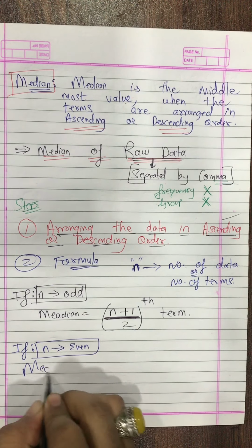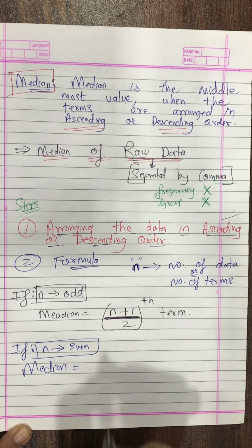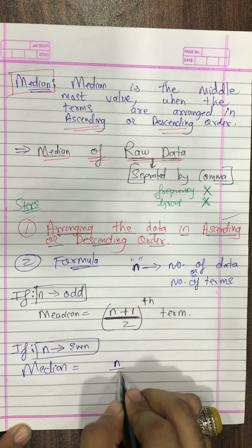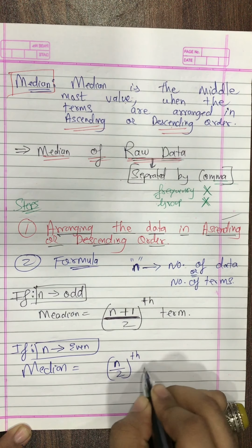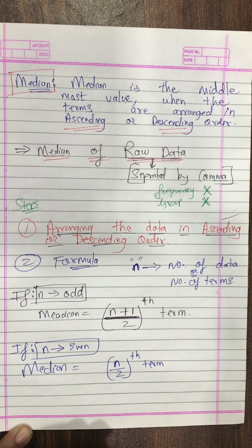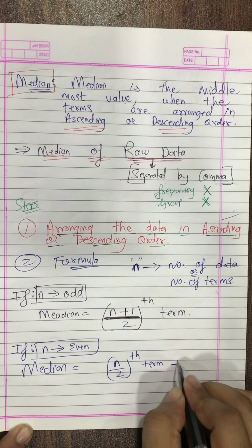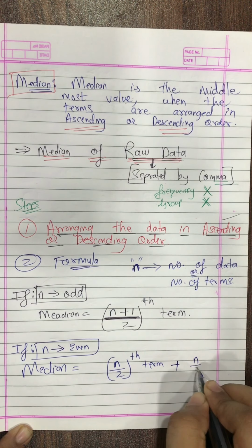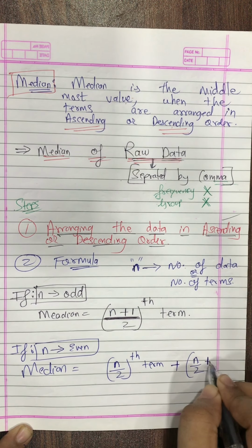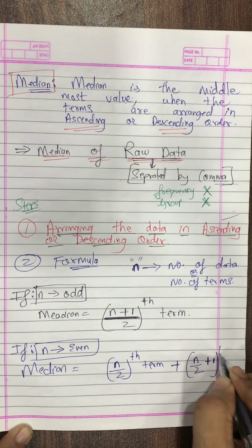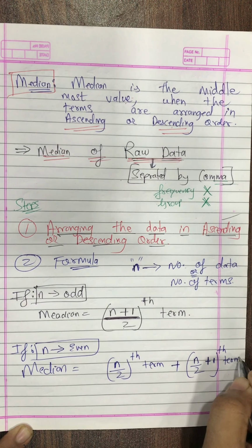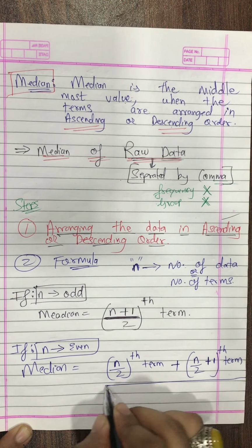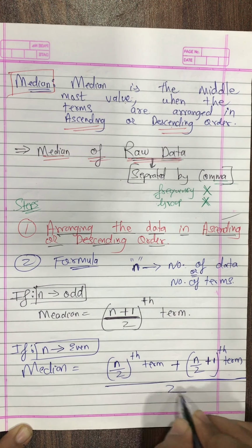Median is equal to the n upon 2 th term plus the n upon 2 plus 1 th term, the whole upon 2.